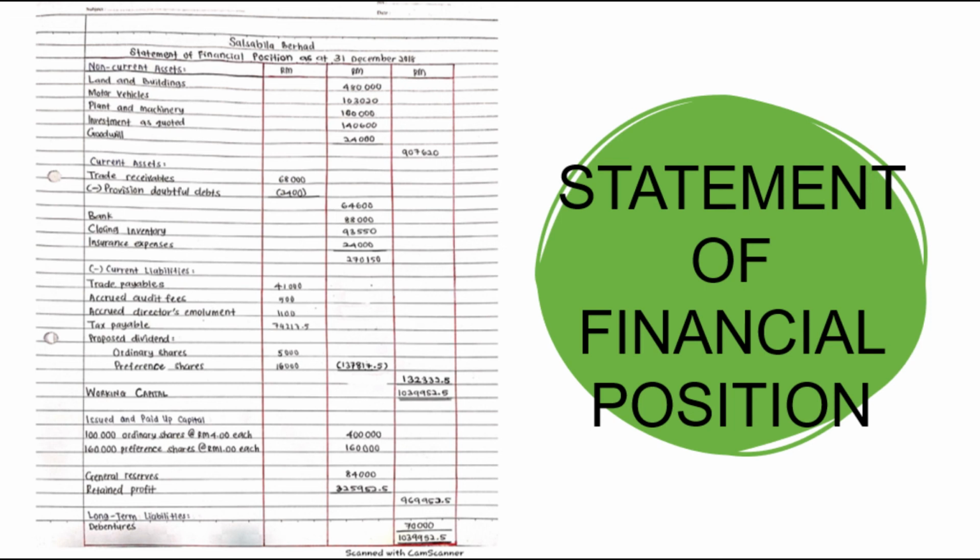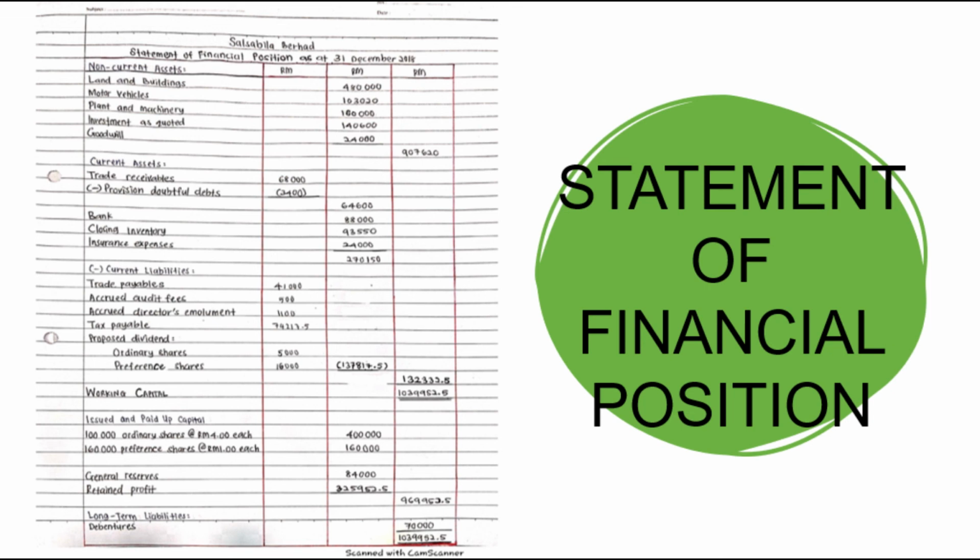Closing inventory take from note to account number 1, and prepaid insurance expenses 24,000 number 5 from note to account. Total for current asset is 270,150.